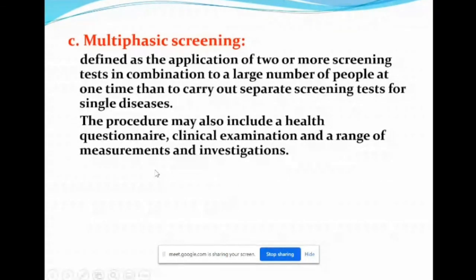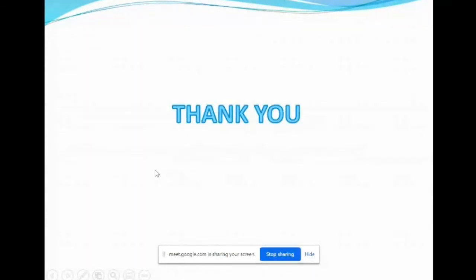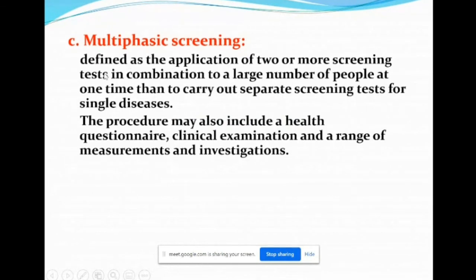And lastly, the multiphasic screening. This type of screening is done by application of 2 or more screening tests for different diseases in combination at the same time to a large number of people.